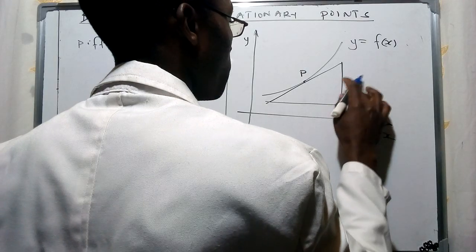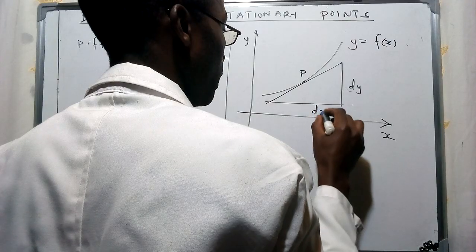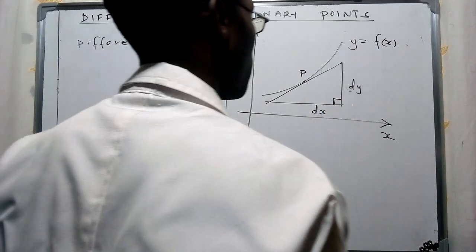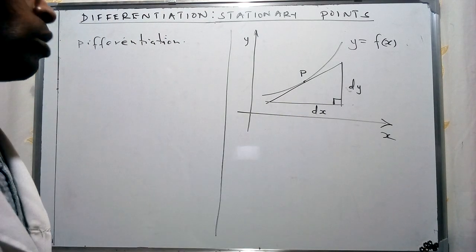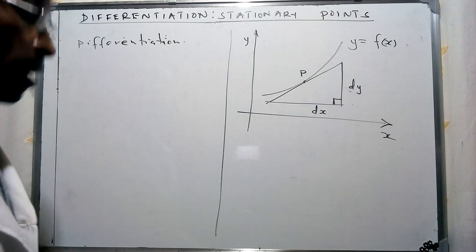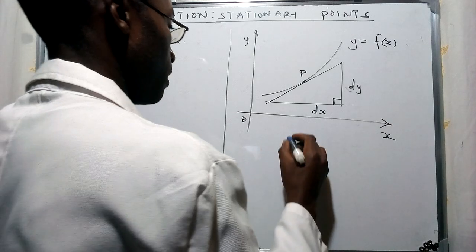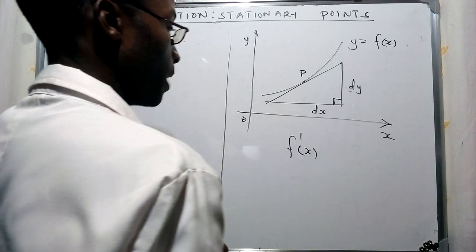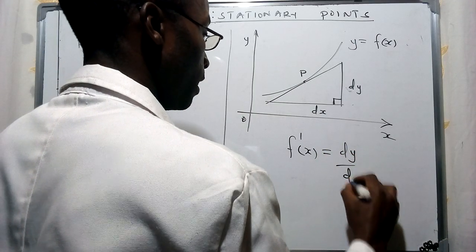This forms a ratio of dy for the change in y and dx for the change in x, the two edges of the right triangle resulting from this consideration. We are given a notation to find this derivative: f prime of x is equivalent to dy over dx.